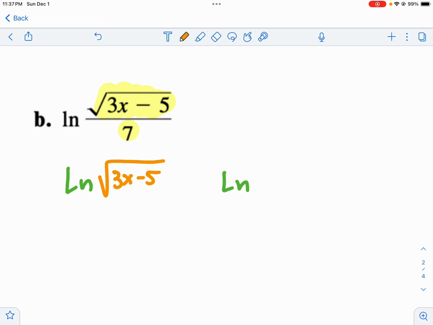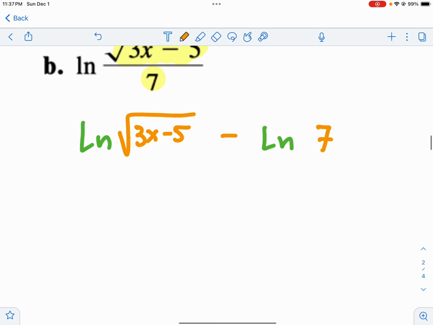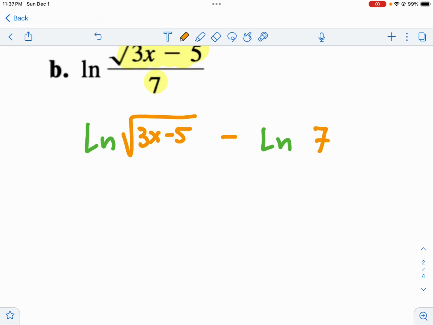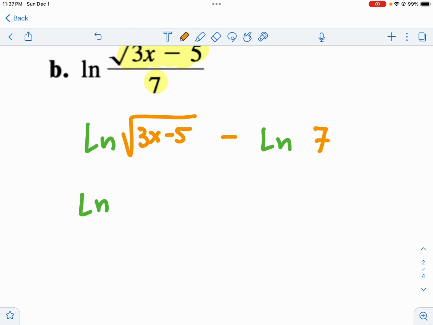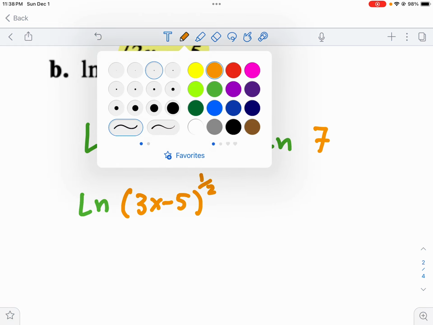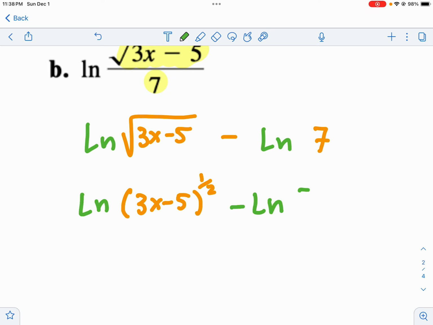You can put a plus sign there if you want. You don't have to. It looks weird if you do. 7 is on the bottom, so let's make that a minus. And then remember that radicals are just exponential fractions. So this really is the natural log of 3x minus 5 to the 1/2 power. And then you can bring that 1/2 power to the front.